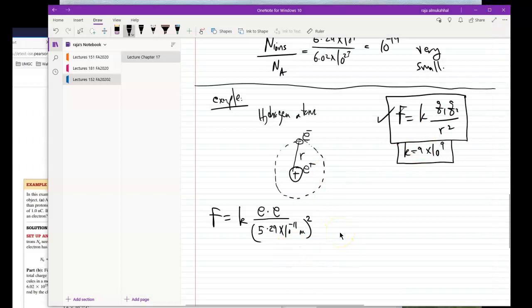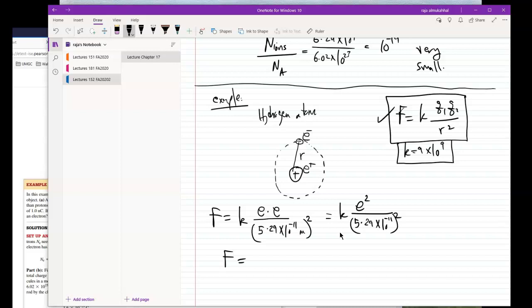Let me just make it look better. So I have here k e squared over 5.29 times 10 to the negative 11, quantity squared. And go ahead, bring your calculator, please, and calculate that with me. So let's see. I have here 1.602 times 10 to the negative 19 divided by 5.29 times 10 to the negative 11, squared, times 9 times 10 to the 9.